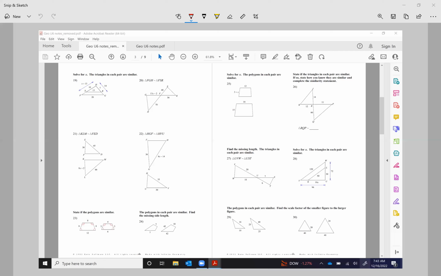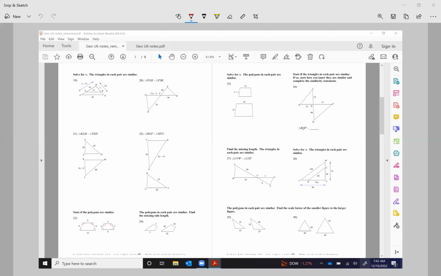Some of you might be wondering, how do you even know? Okay, look at the bottom triangle, the triangle ABC. A is in between. The measurement that I'm using is the small measurement and the big measurement, so I'm going to use 15 and 27. That's how I know here it's A.